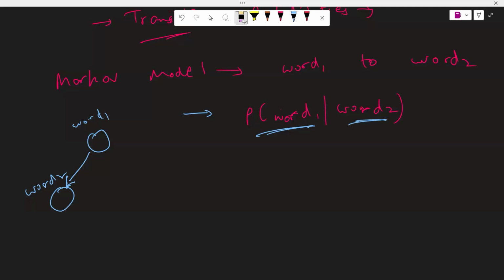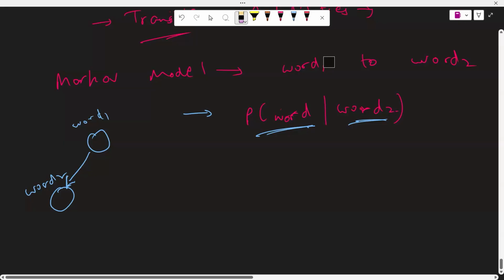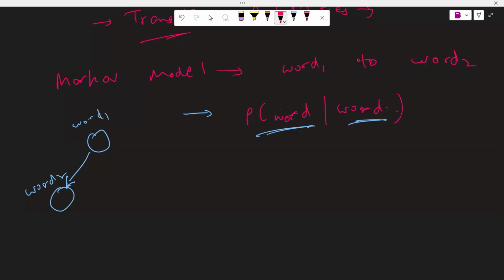Yes, I think this should be there. I believe this makes more sense. The only reason I'm choosing this is that since it's a conditional probability, you're saying that given the word one we already know, what is the probability of word two?